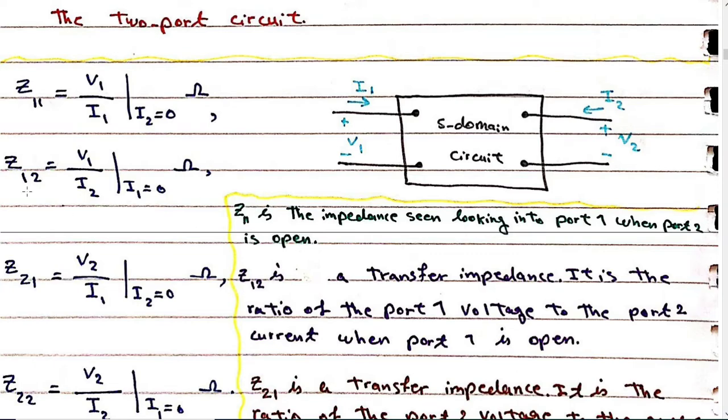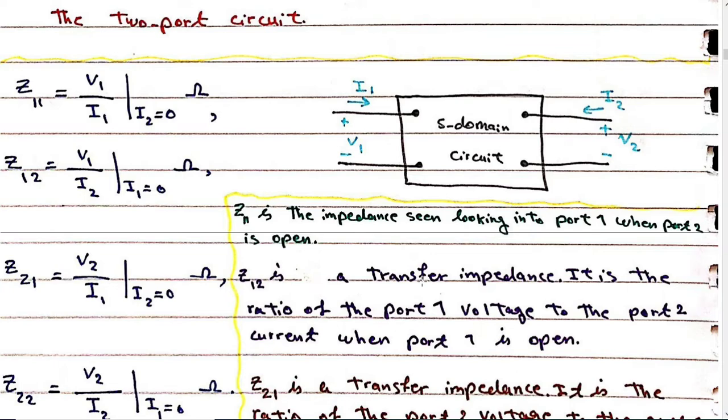Z12 is V1 divided by I2 when I1 is 0. Again, the unit is ohms, because it is voltage divided by current. So what is Z12? It is V1, the voltage at the input port, to the current at which port?